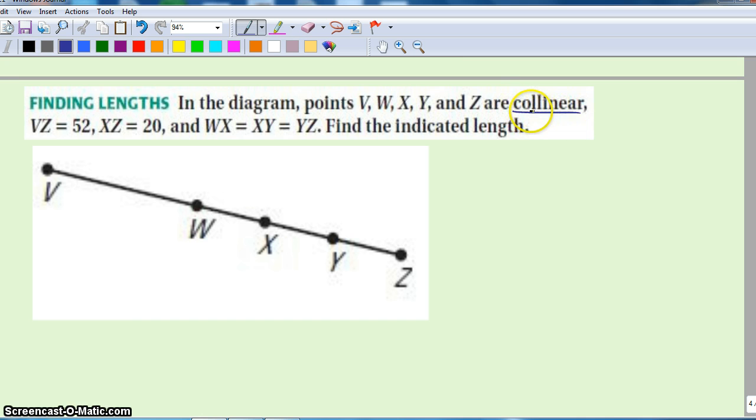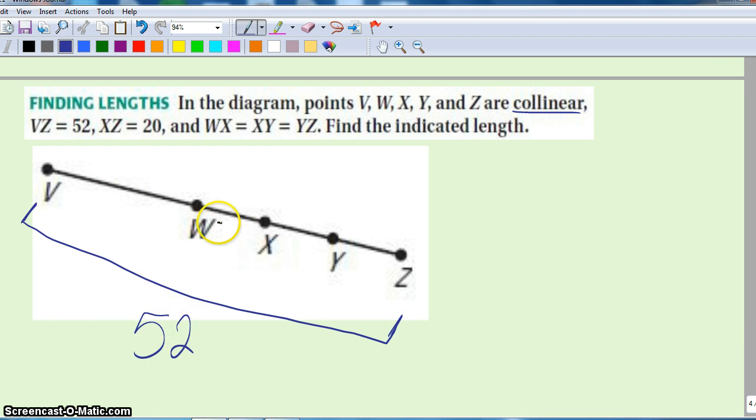Collinear means that they're all on the same line, which they are. VZ is 52. So from V all the way to Z, that is 52, so no number on this line can be bigger than 52. XZ, that is 20.